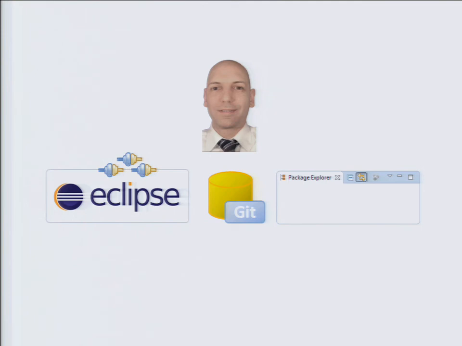So after he installed the eGit client, he needs to configure it in the workspace. And in Eclipse, these preferences are bound to the workspace. That is why I have it on the right side there.